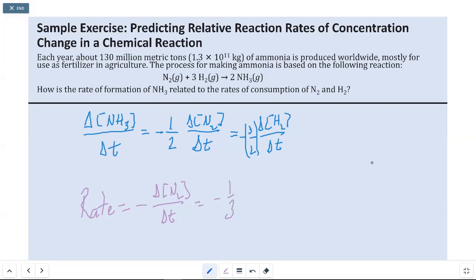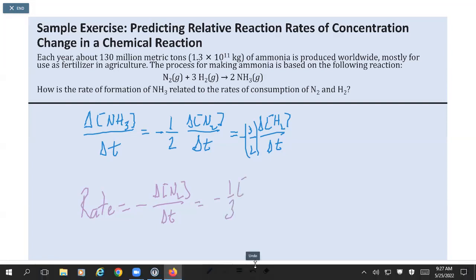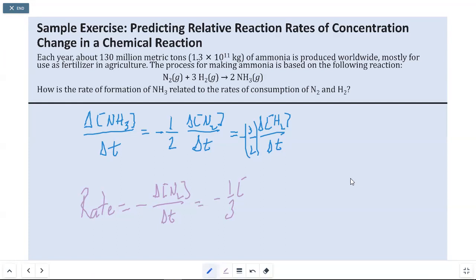or 1/3 of the rate of change of hydrogen over change in time, or 1/2 of the rate of change of ammonia over time.